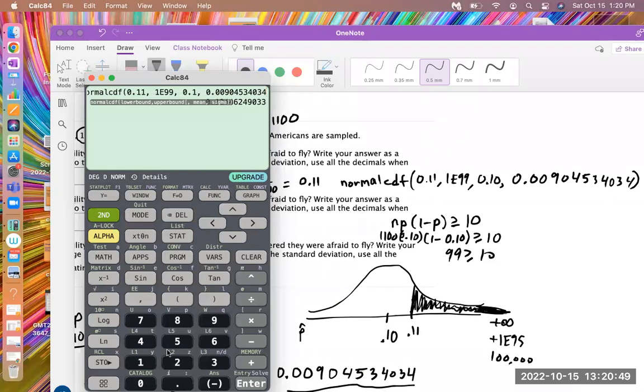And now I can end the parentheses. I get an answer of 0.13456.